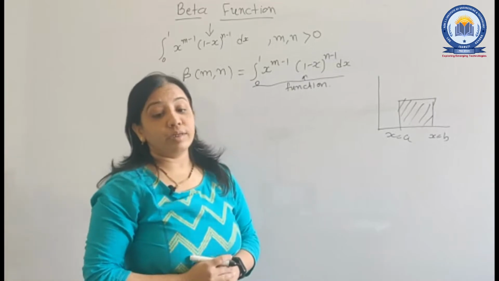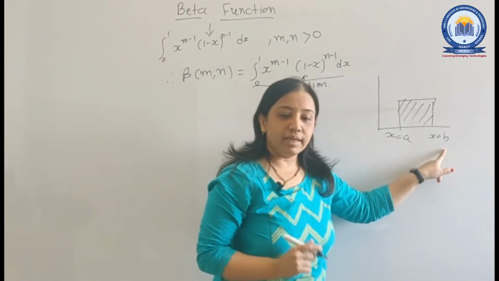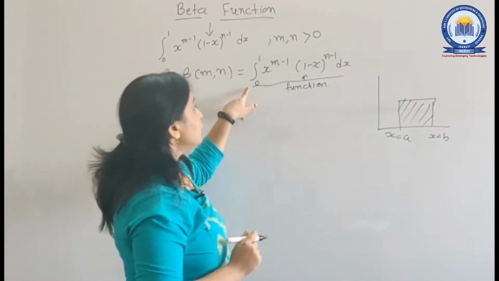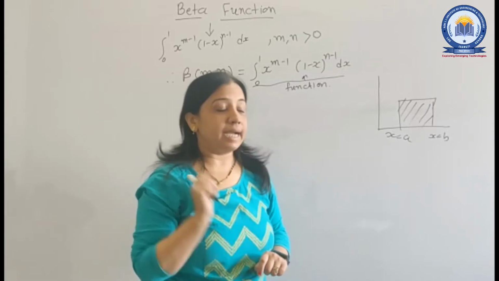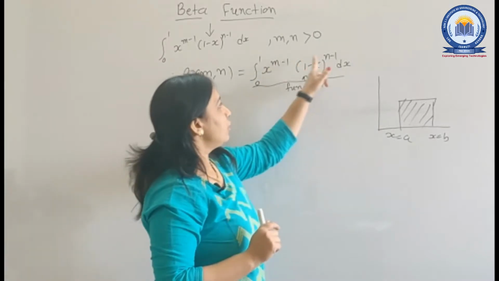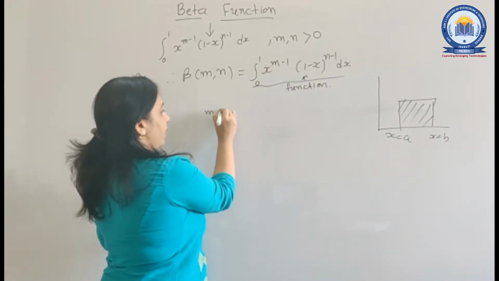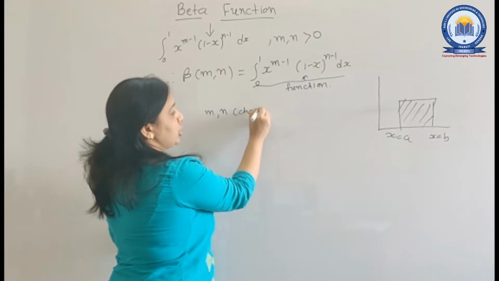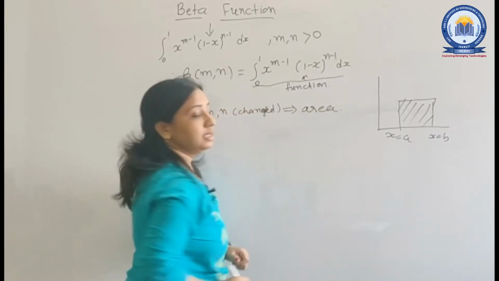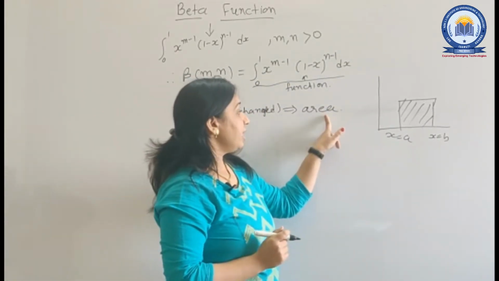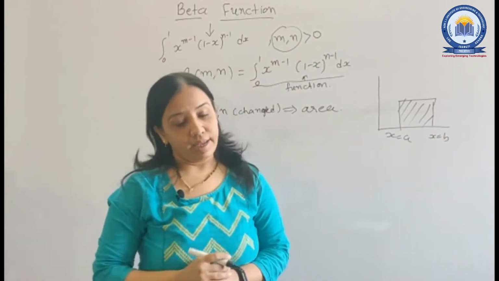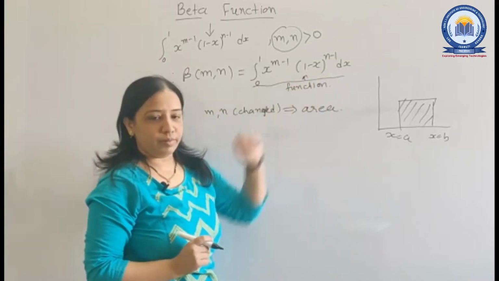Now if we change the value of the limit, then obviously the area is supposed to change. But now the limit is fixed and two variables are added, that is m and n. If m and n are changed, then also the area is going to change. That means this time the area will depend upon two variables, m and n.